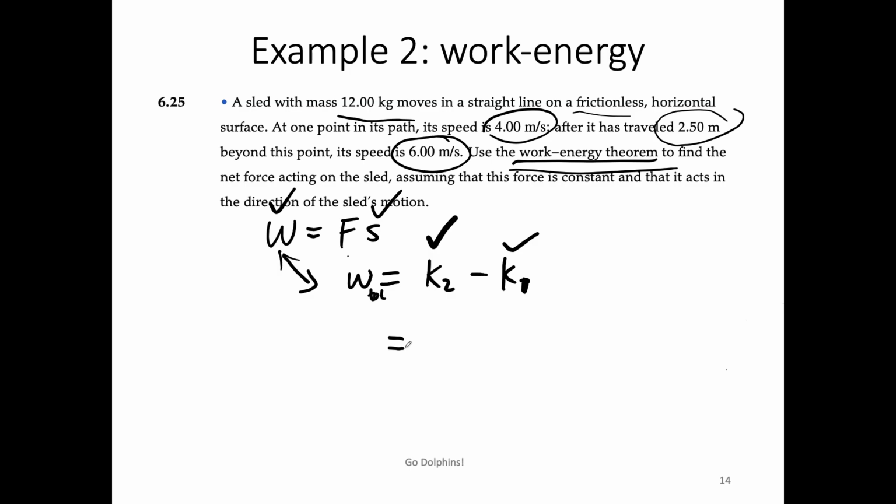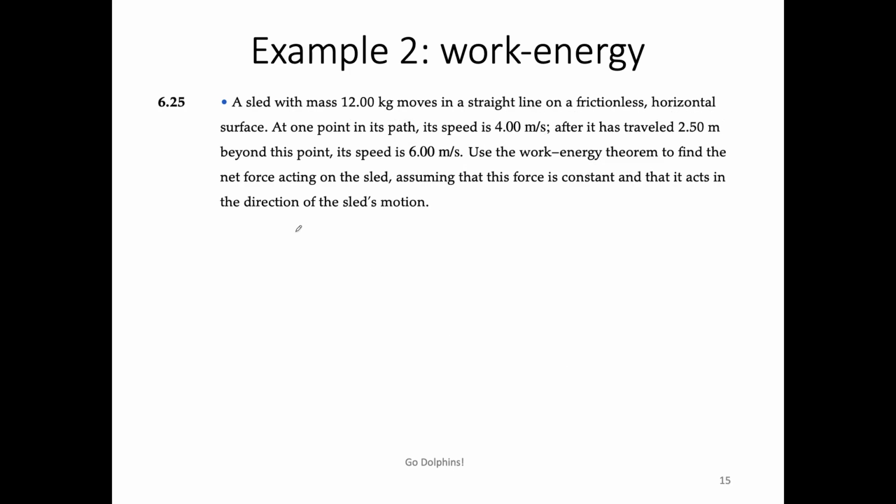So let's use the work energy theorem to find the change of kinetic energy first. 1/2 m v2 squared subtract 1/2 m v1 squared. Plugging in all the numbers, we find the work is 120 joules. So now I do know the work is 120 joules. Force times displacement is 120 joules.